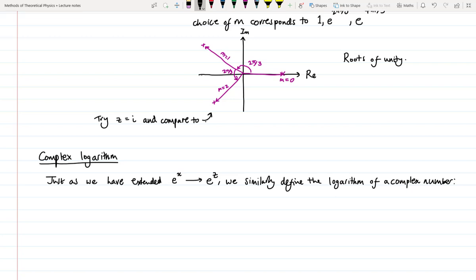We denote this as ln of z, where ln means to the base e. And writing z in modulus argument form, we then get ln of r times e to the i theta. The logarithm of the product of two terms is the sum of the separate logarithms.